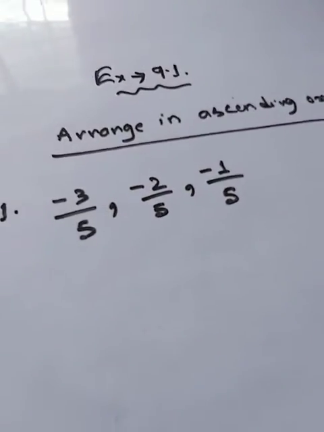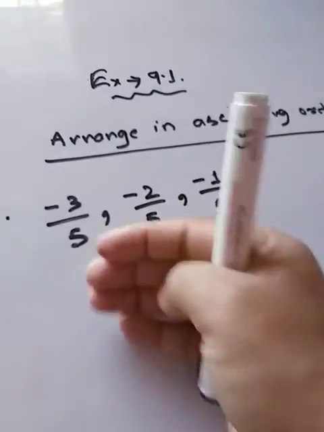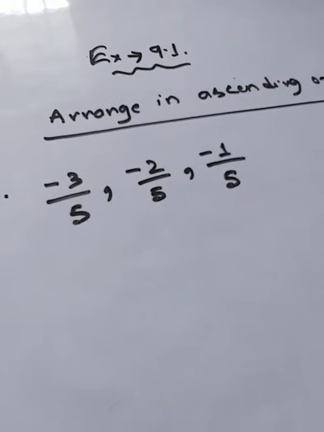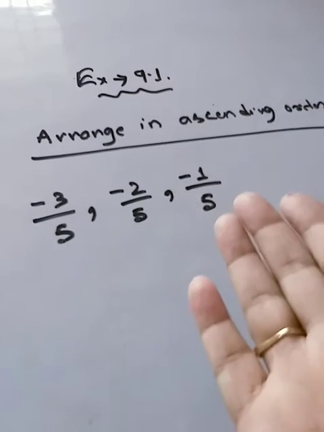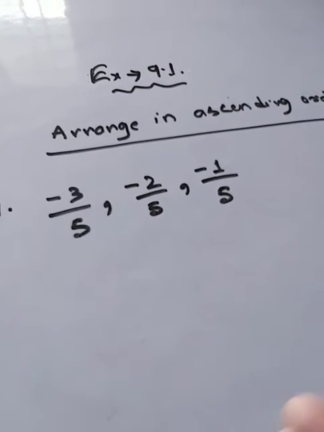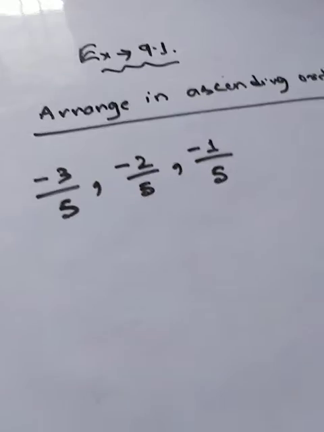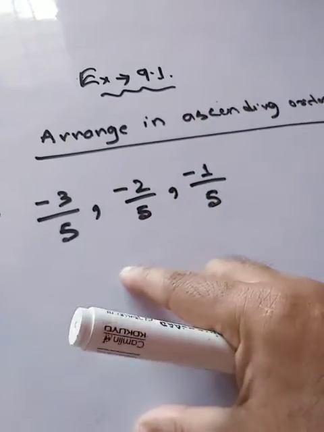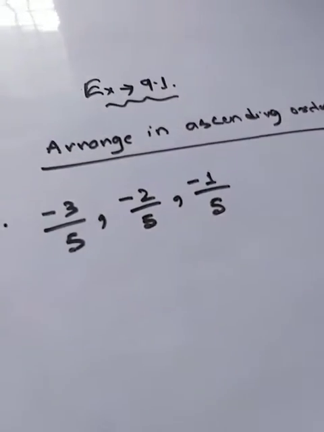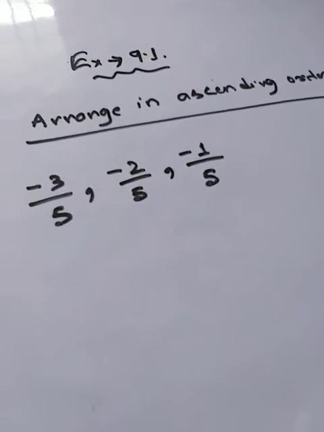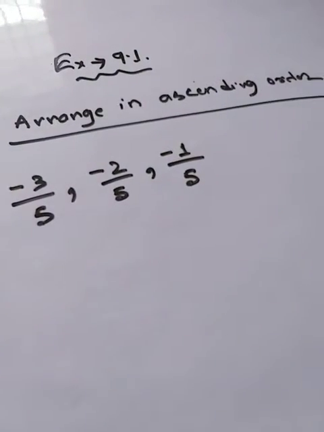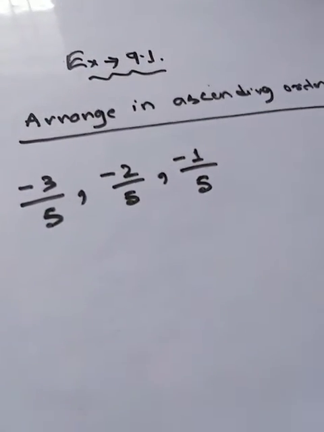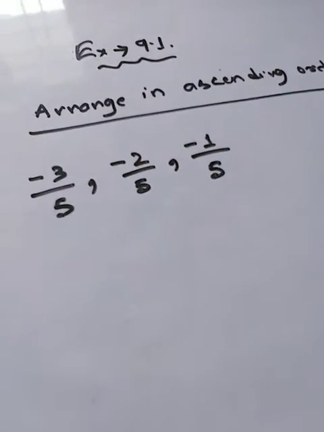In this case, it is quite a short way of saying which number is the greatest one and which number is the smallest one, and you will not require much space to make a decision on how to arrange these rational numbers in ascending order.